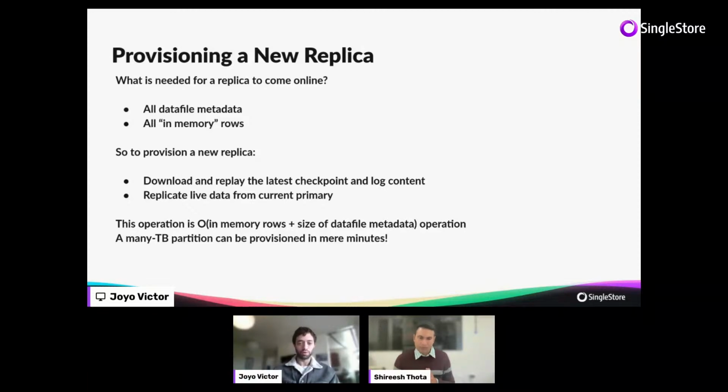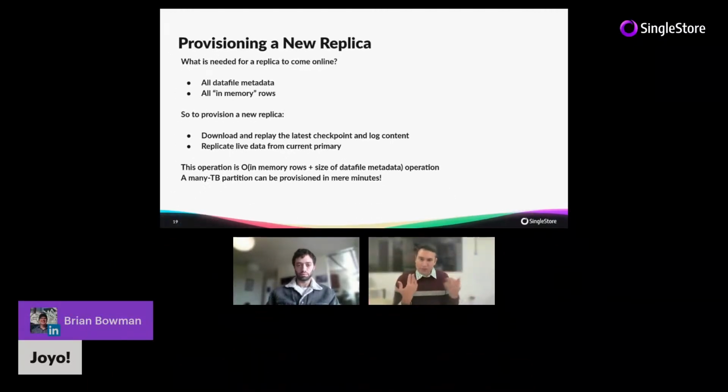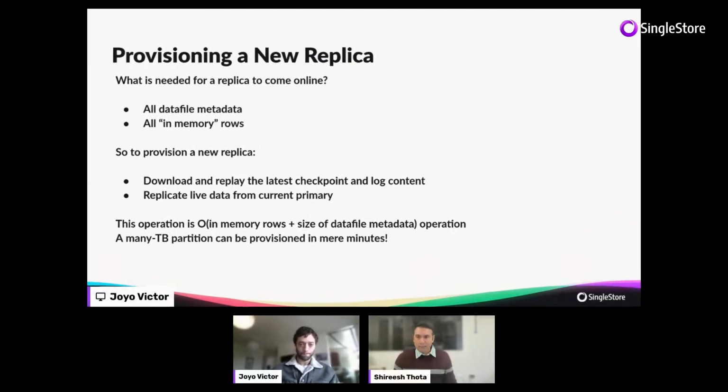Yeah, this is again a difference in terms of how some of the other hyperscale systems work, right? If you think about Aurora and even AlloyDB, I believe, SQL Hyperscale, etc., the read replicas are typically lagging, but here you immediately provision it and you get going with the new data. So that's pretty awesome.